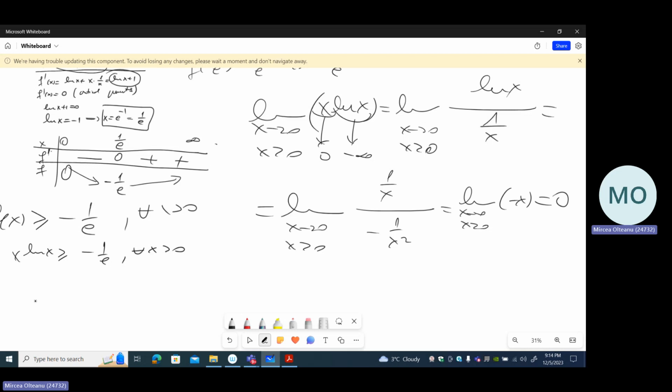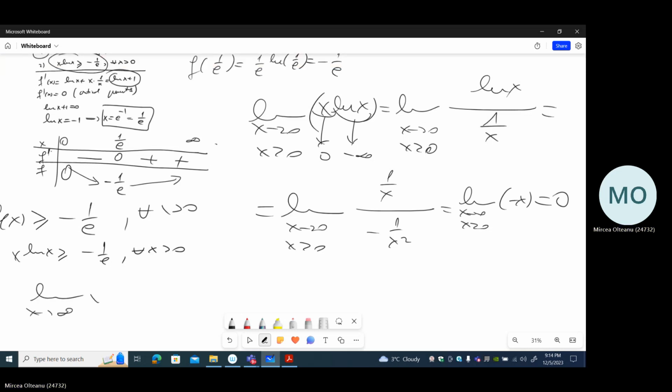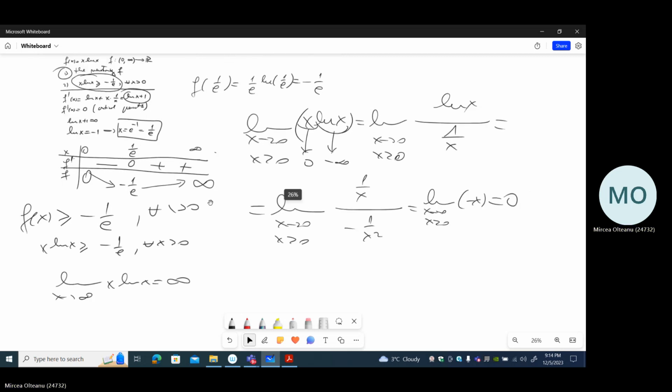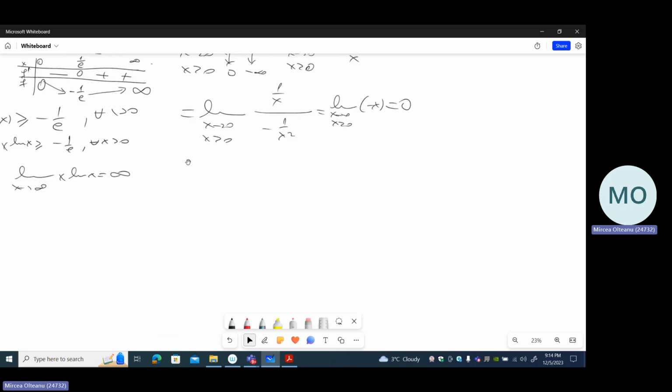The limit at infinity is directly infinity. So this is the complete table of variation of the function f. And now by using this table, one can sketch the graph of the function. So the graph starts from the point of coordinates 0, 0, but 0, 0 is not on the graph of the function.